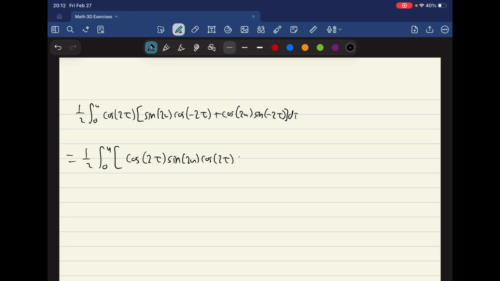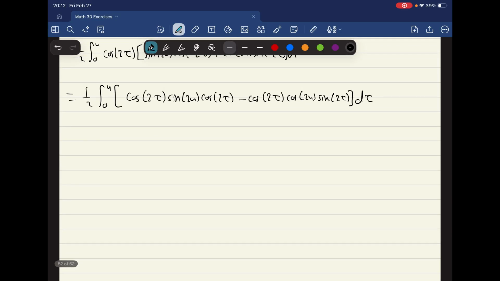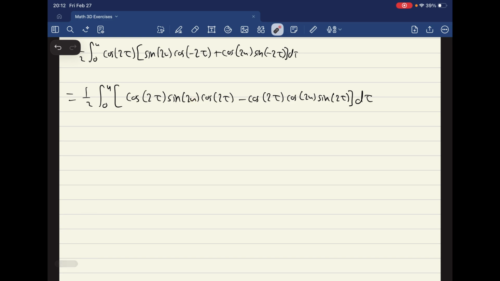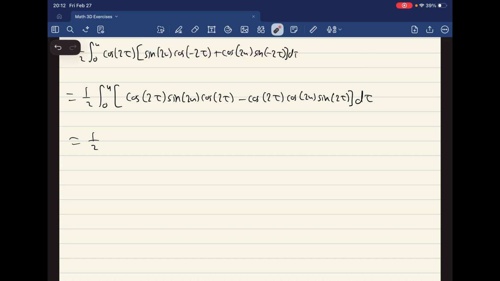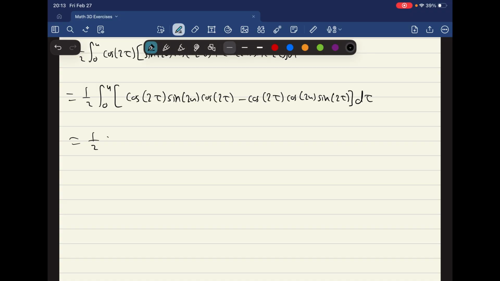And then here we get plus cosine of 2 tau, cosine of 2u. But sine is odd, so sine of negative 2 tau is the same as negative sine of 2 tau, so this becomes a minus. And now, the u's here are all constants with respect to tau, so if I distribute this integral, I can factor out sine of 2u from the first integral.